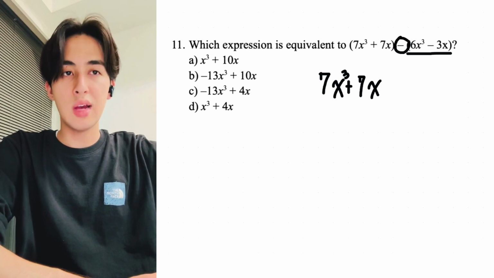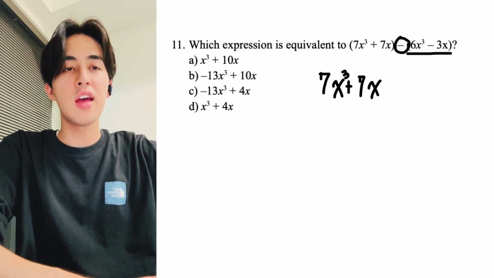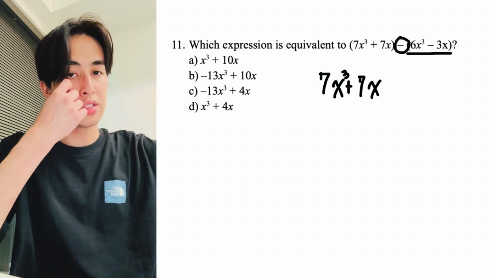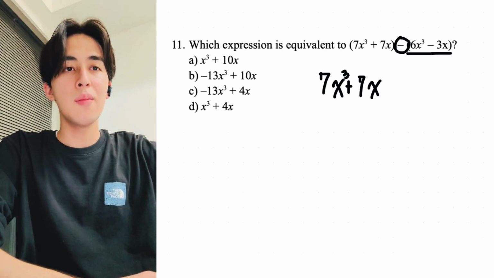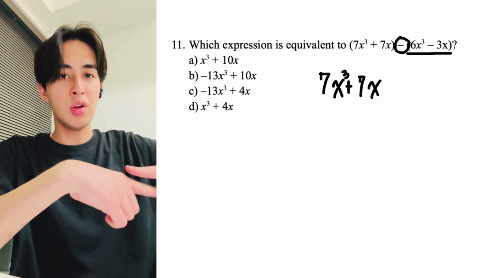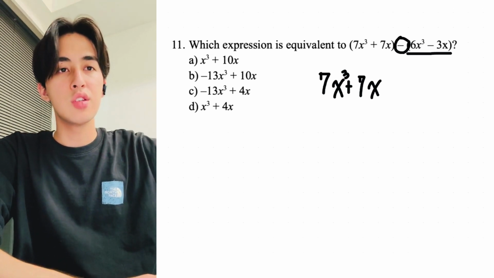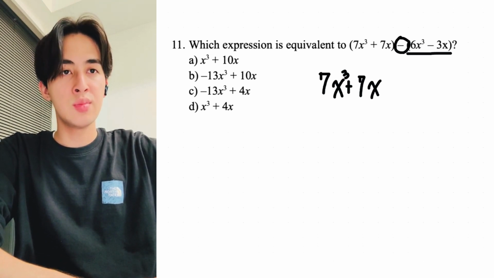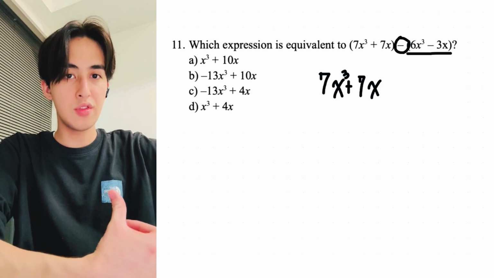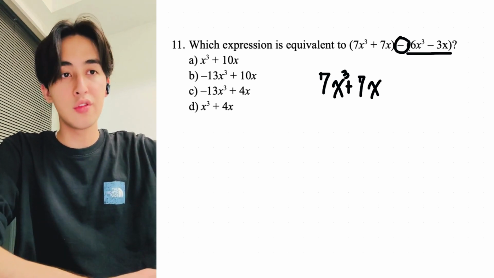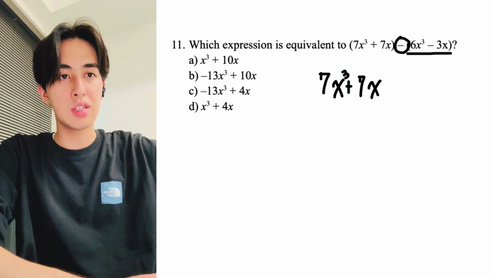Since there's a subtraction sign before the set of parentheses, that means that whatever is in the parentheses will be changed to the opposite sign. So the 6x cubed, which is originally positive, will become negative when you take it out of the parentheses.